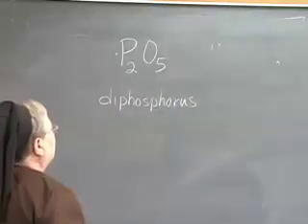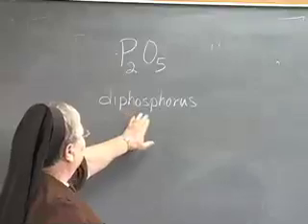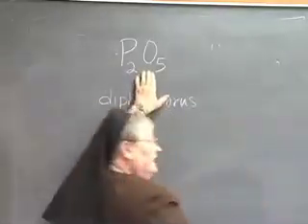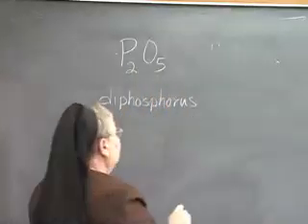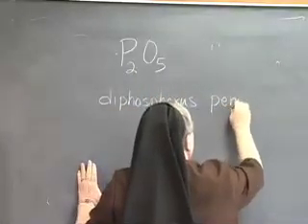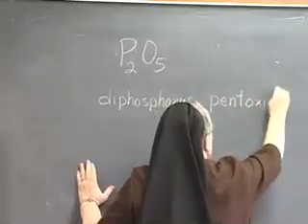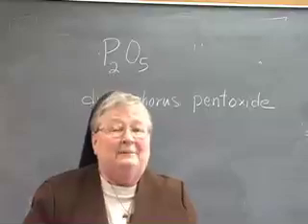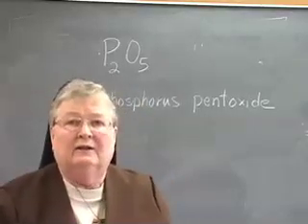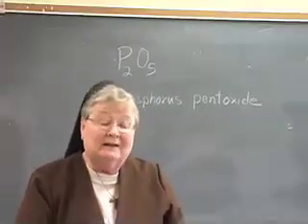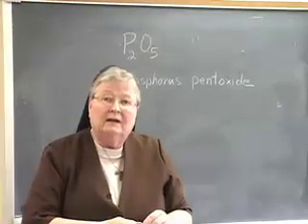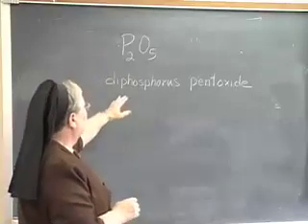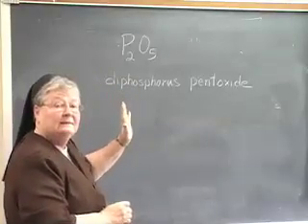So we simply put the prefix in front of the name of the element, phosphorus, and then because it's binary, this is going to have to end in "ide," and it's going to have pent. So we didn't say penta because we didn't want to say A and O together. Familiarity and practice are going to be important in how to write these compounds. But there we've observed our rules: diphosphorus pentoxide.